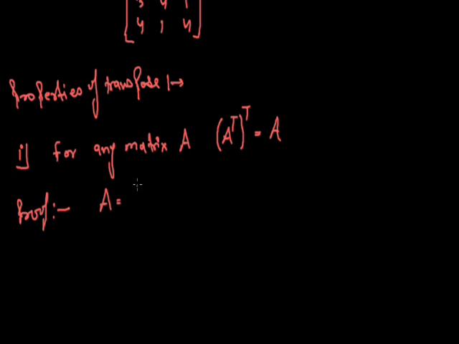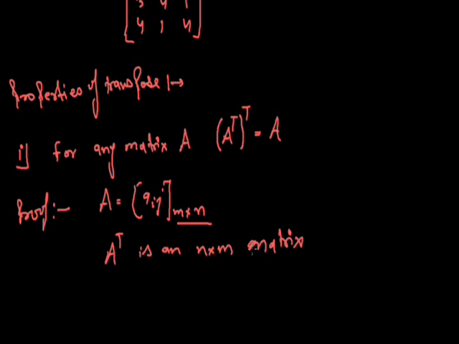Let A matrix be Aij, an m by n matrix. Now the order of the matrix A is m by n, so in the transpose of the matrix, the order of A transpose is n by m.